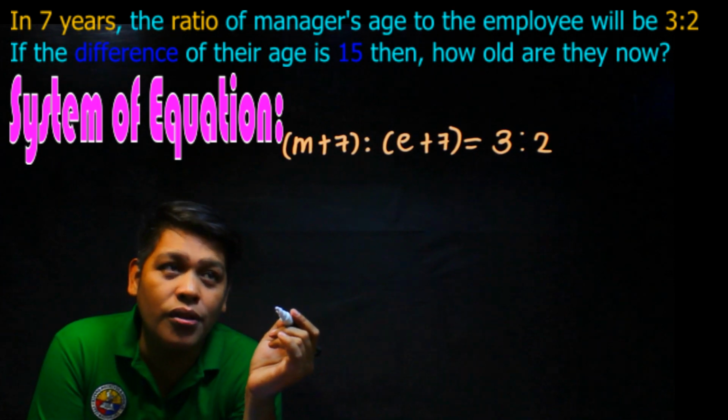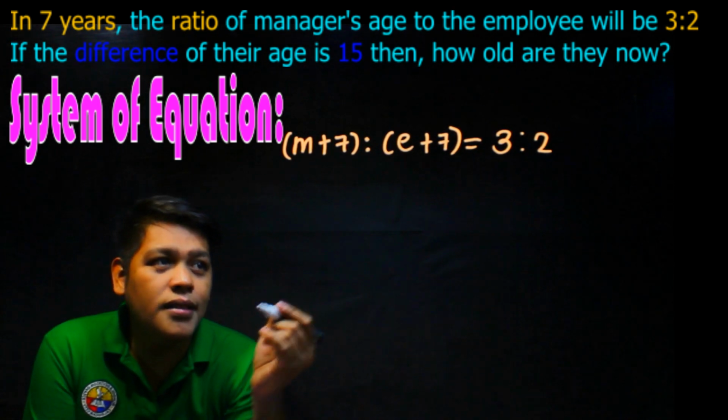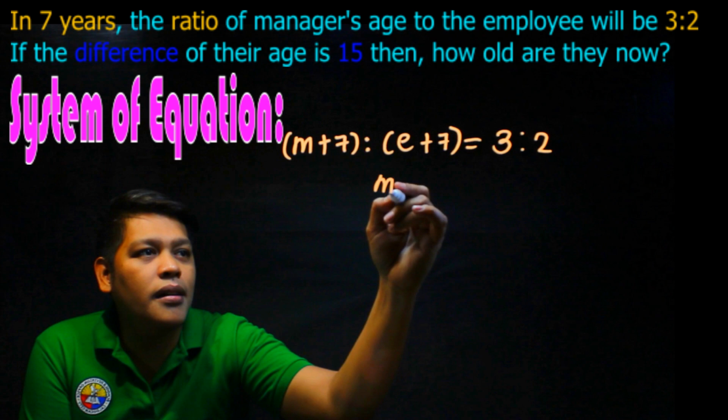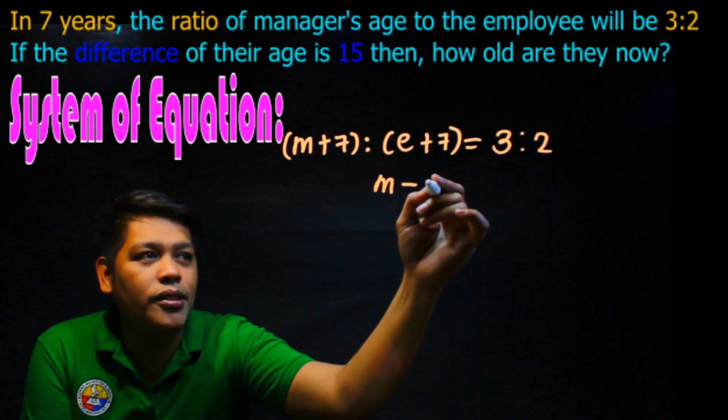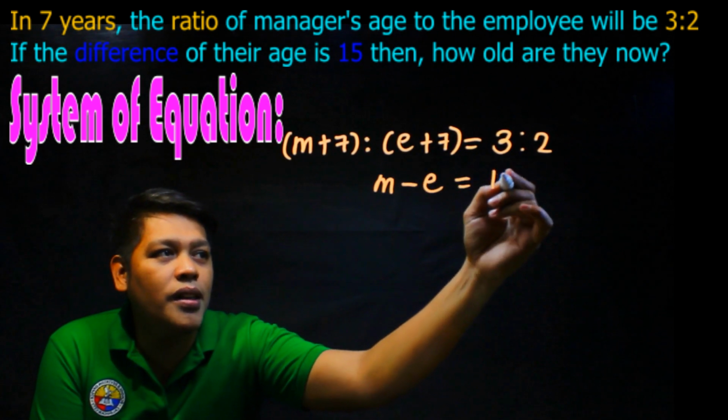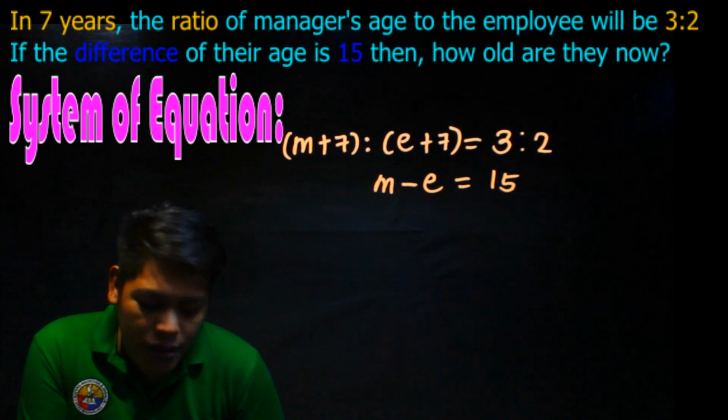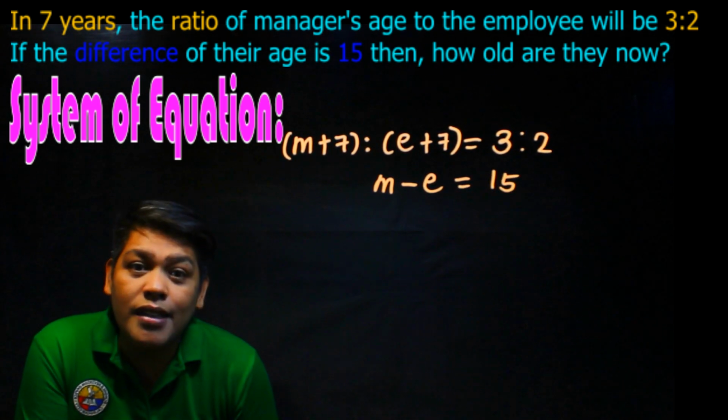That is the ratio. And the second is the age of the manager minus E, the employee, is equivalent to 15. That is our system of equations.